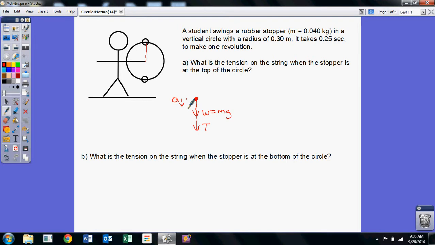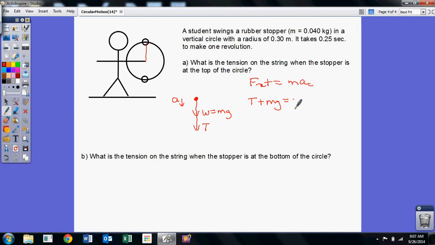And so when we do this, in general, I know that for circular motion, F net is equal to the mass times the centripetal acceleration. So if I look at F net in terms of the forces on my diagram, I've got the tension plus the weight force equal to mg has to equal the mass times the centripetal acceleration.